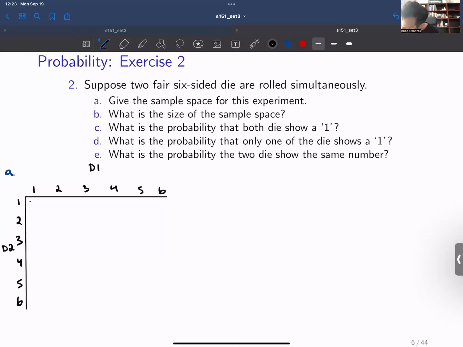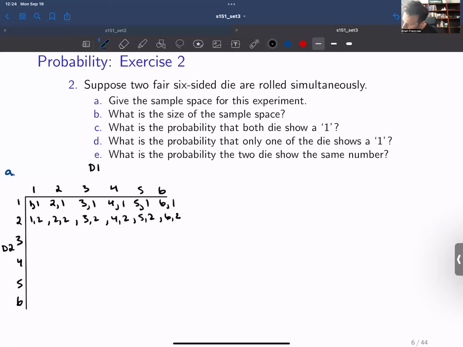So one of the outcomes could be 1, 1. Another outcome could be 2, 1. Another could be 3, 1, another 4, 1, another 5, 1, and another 6, 1. So these are 6 possible outcomes. And then we might have 1, 2, 2, 2, 3, 2, 4, 2, 5, 2, 6, 2.